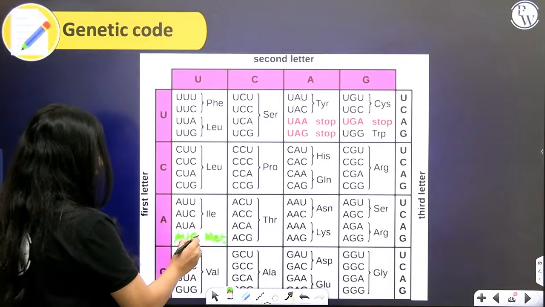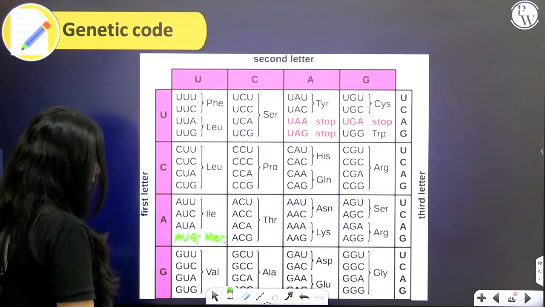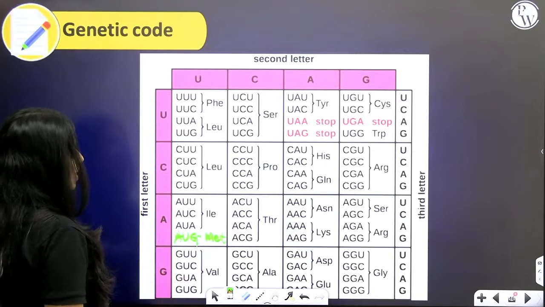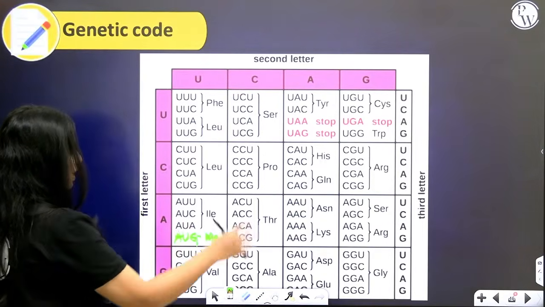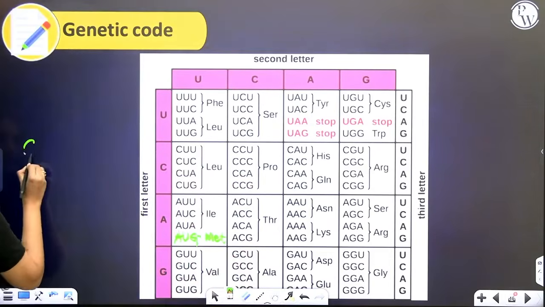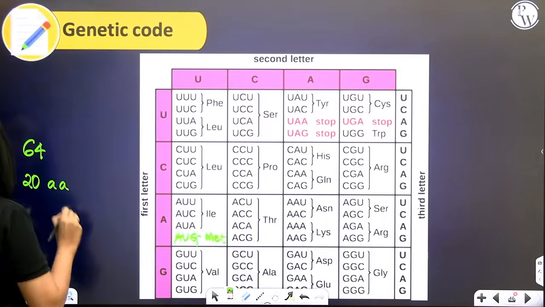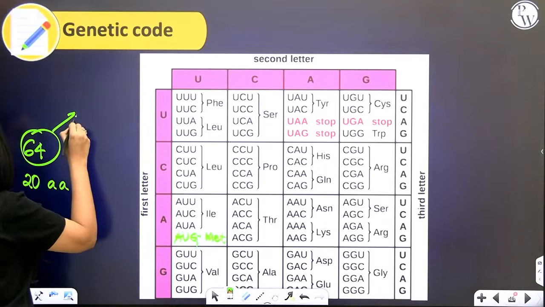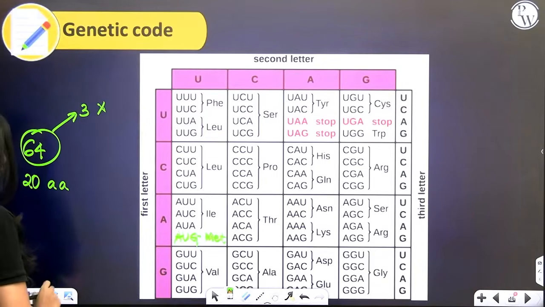There are certain amino acids which will have only one codon. There are some amino acids which will have more than one codon. So basically, you can see how there are 64 codons that are coding for 20 amino acids. Of these 64 codons, 3 codons do not code for anything. They are called the stop codons.